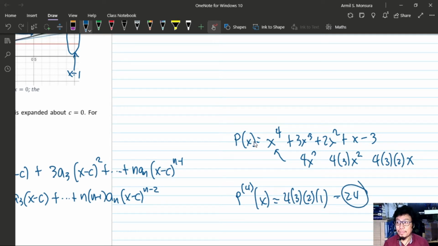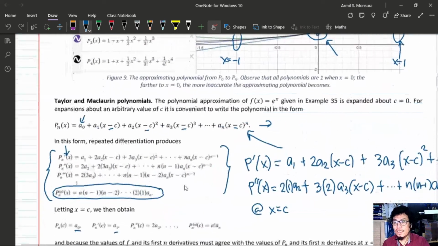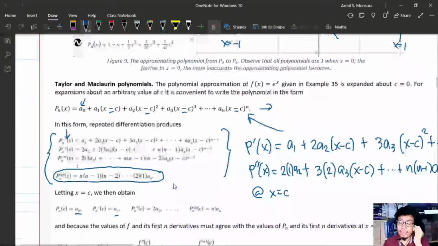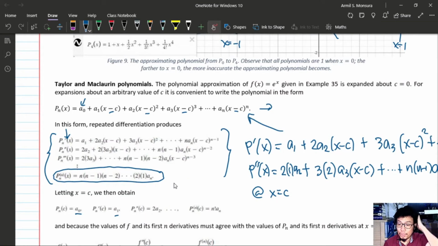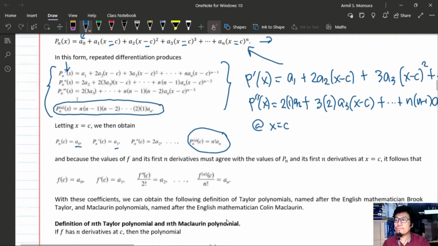That's the nth derivative of a fourth degree polynomial. So the nth derivative of an nth degree polynomial is a constant, and that constant is n factorial multiplied to a sub n.